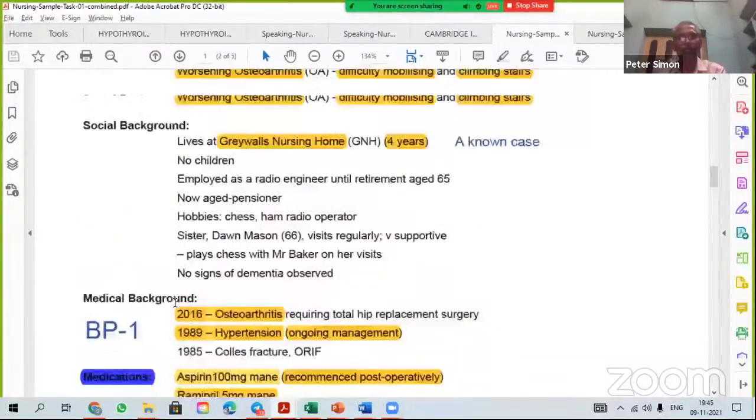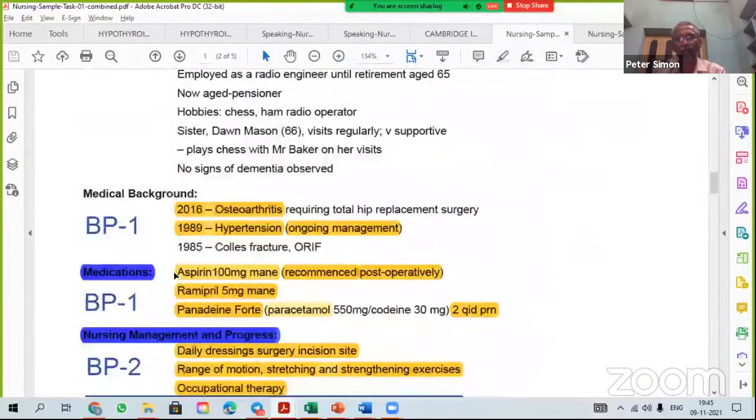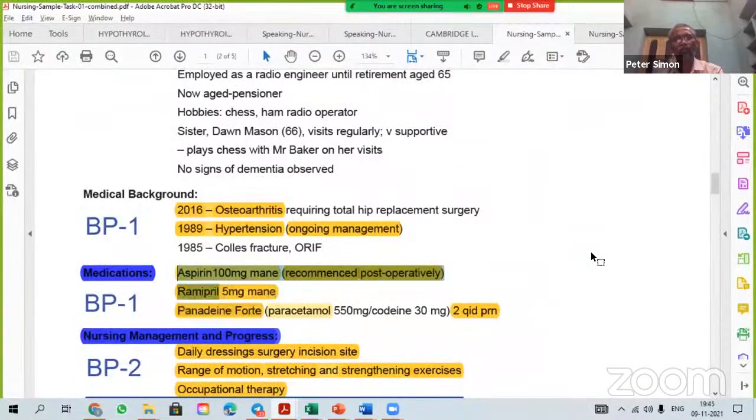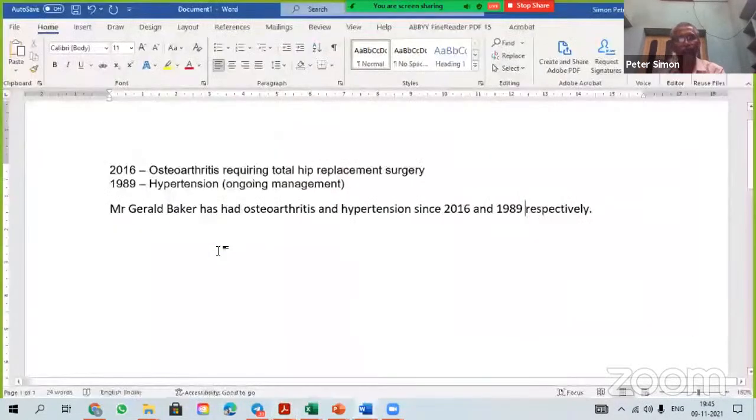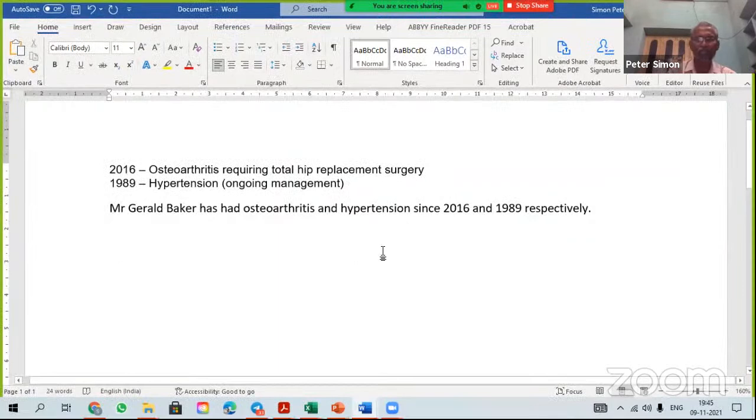Now you can see here, aspirin, medication. Aspirin we are taking now. So one sentence regarding this one. We have taken the information there. This is one part.